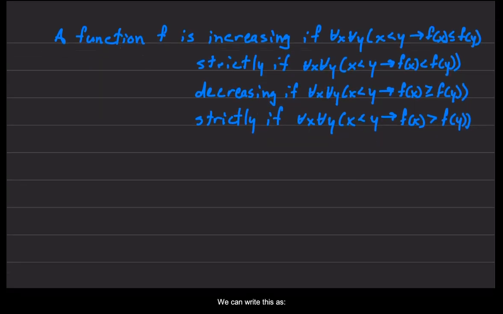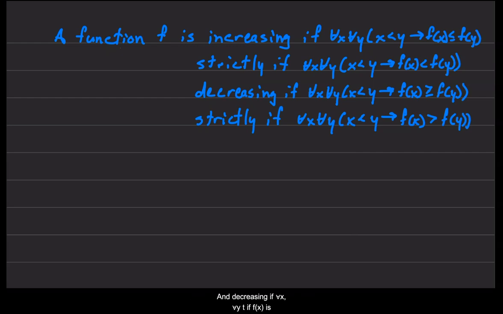So we can write this as: the function f is increasing if, for all x, for all y, if x is less than y, then f of x is less than or equal to f of y. Strictly increasing if, for all x, for all y, if x is less than y, then f of x is less than f of y.